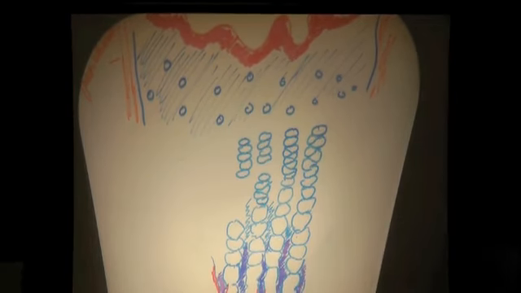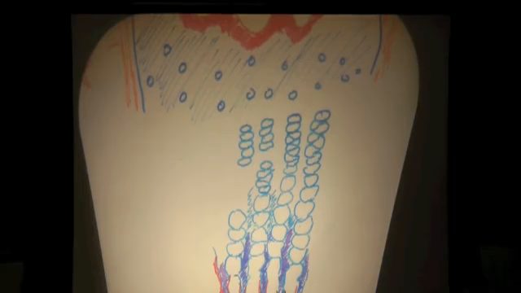The bone matrix in red. Okay, so within the matrix, periodically you will notice some cells.